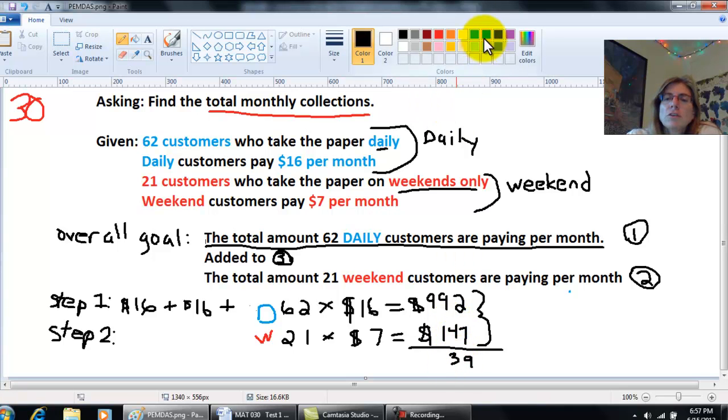You know me, I like to change colors, carry the 1. And 9 plus 1 is 10, plus the 1 is 11. So that means this person collected an overall total of $1,139 in total.